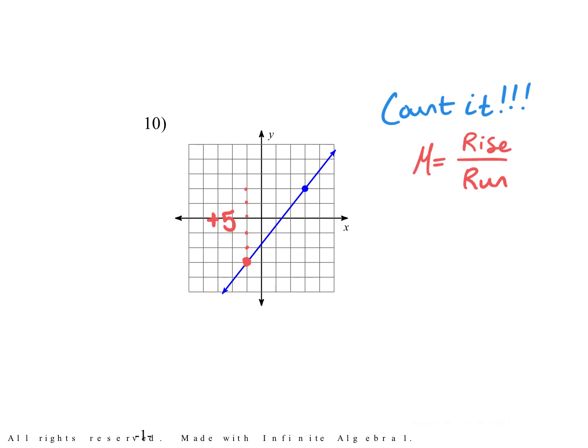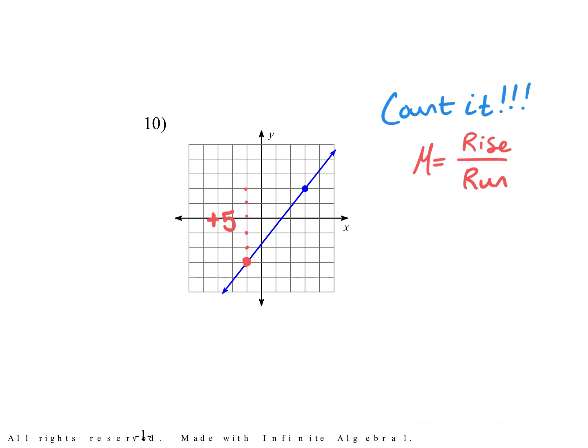Good. Then from there, I've got to decide, am I counting right or am I counting left? Well, to get to the point here, I need to count to the right. When you count right, that is in the positive direction. If you count left, it is in the negative.